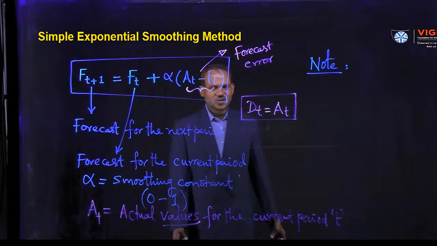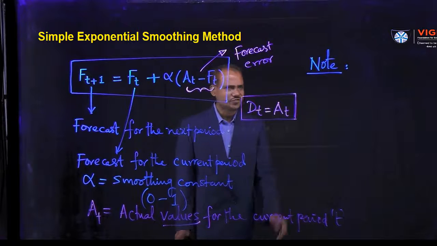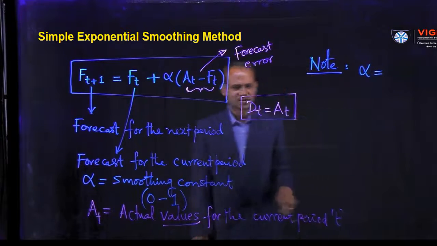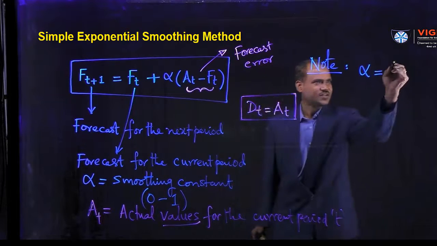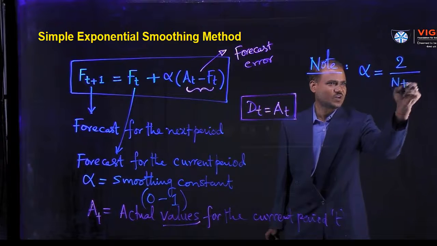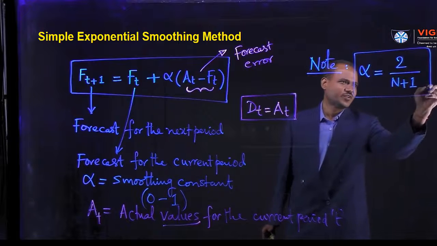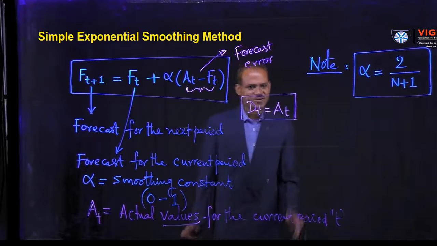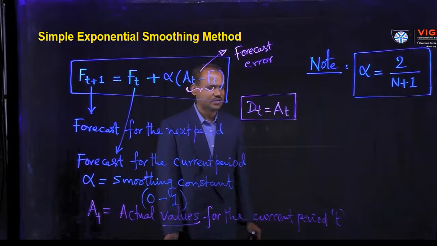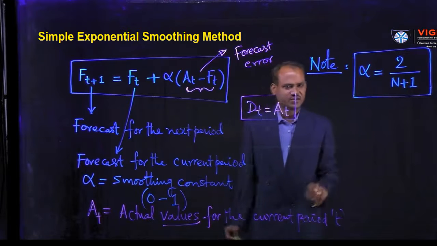In the examinations, sometimes they may not give the alpha value. Therefore we have to assume alpha value as 2 by n plus 1. This is the formula. Everybody should remember. If alpha value is given, directly you can consider that value. Otherwise, if not given, you have to use the formula 2 by n plus 1.